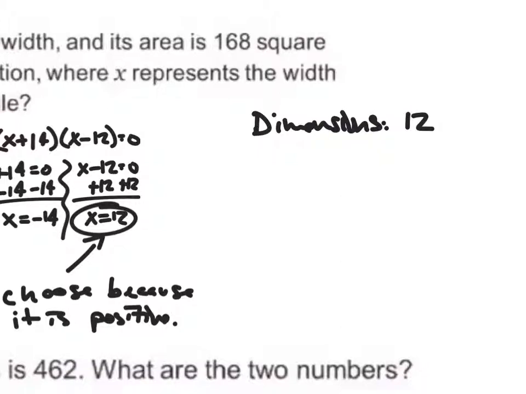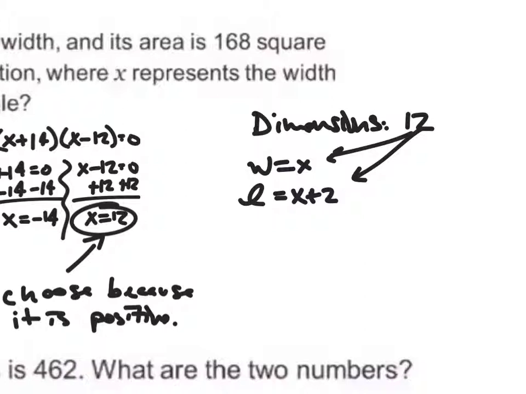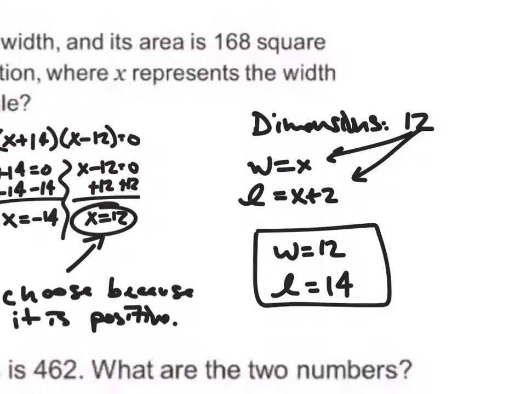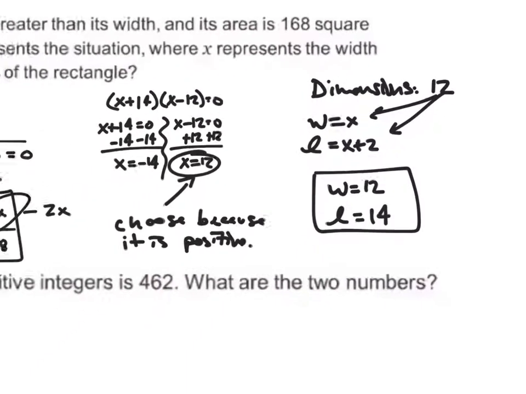So if my width is equal to x, but my length is equal to x plus 2. If I plug this in for x into each of these, I get a width of 12 and a length of 14. And those are my dimensions of that triangle.